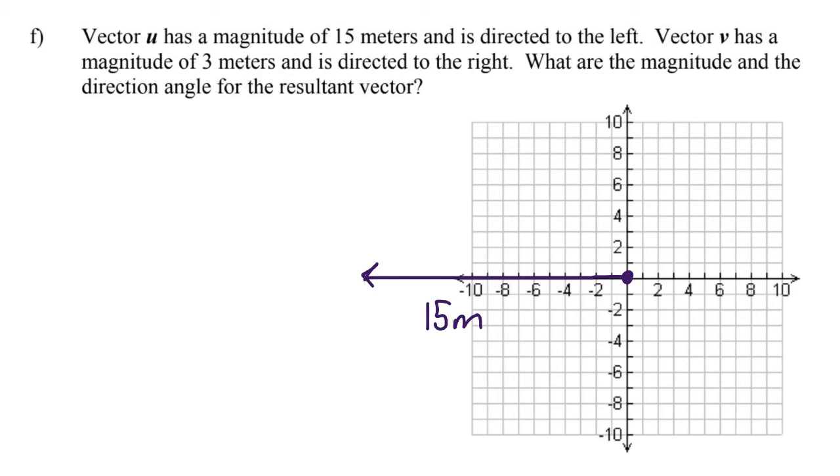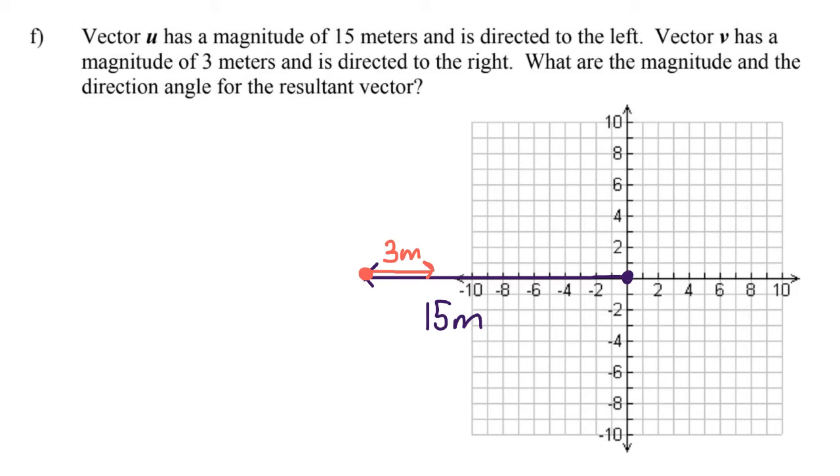A lot of times students want to go back to the origin and go right 3 meters, but that's not how we've been doing these problems. We start our other vector where the first one stopped. So if we go back 3 meters and stop, my resultant vector will start where the first one started and stop where the last one stopped.